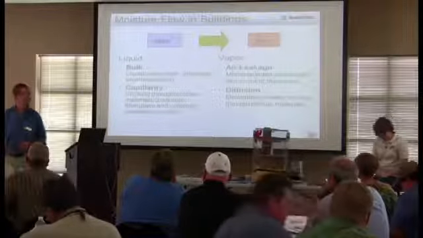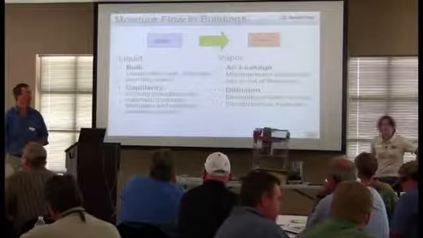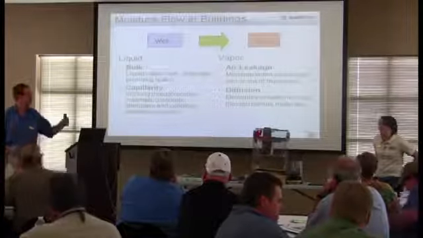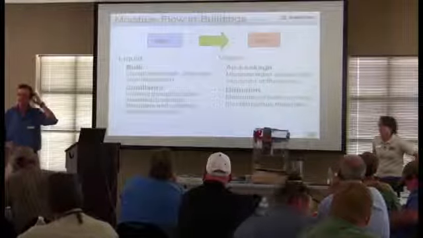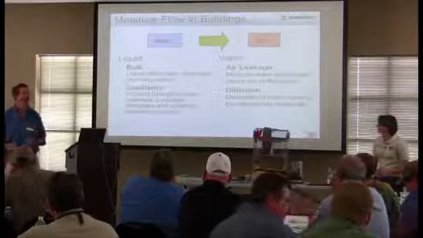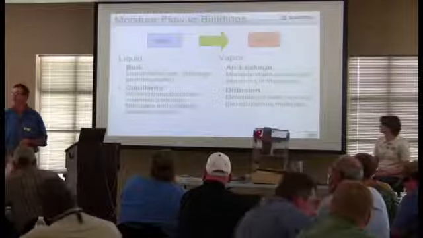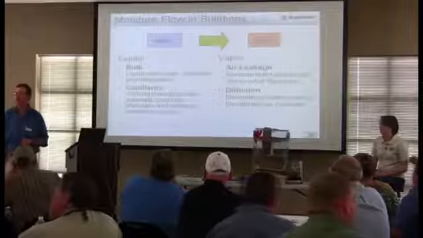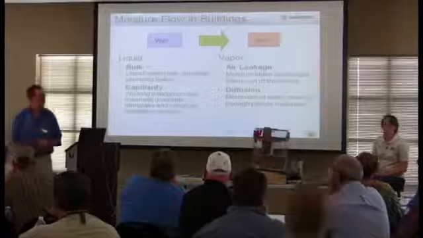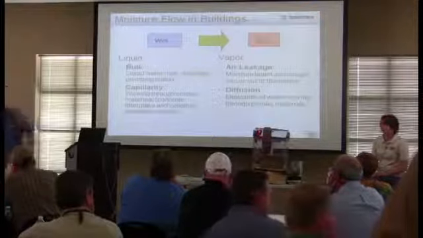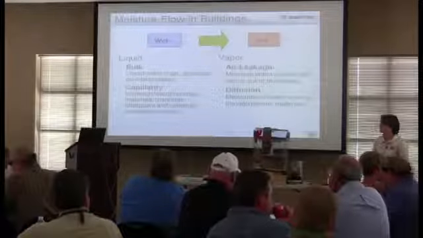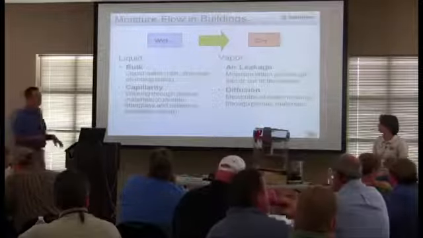And guess what? A 2x4 will do the same thing. Insulation does it too. Paper-faced gypsum does it. Do you think masonry could wick moisture? Oh yeah, mortar and brick and all this stuff. So all these things we build with can wick moisture around, and we have to be really smart about that.